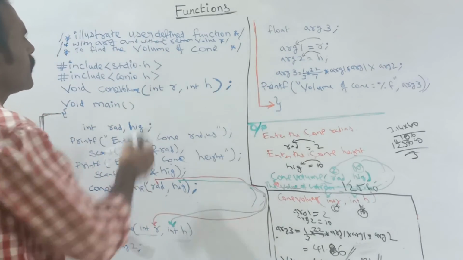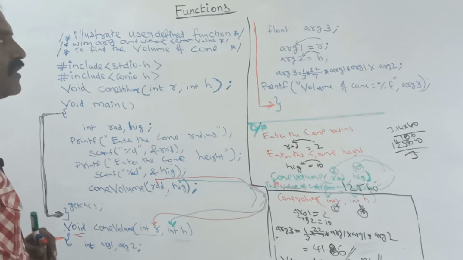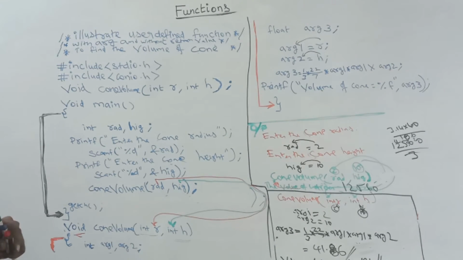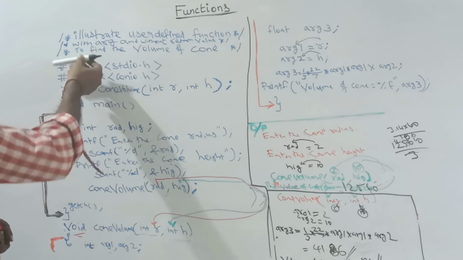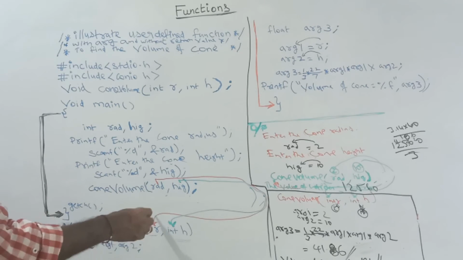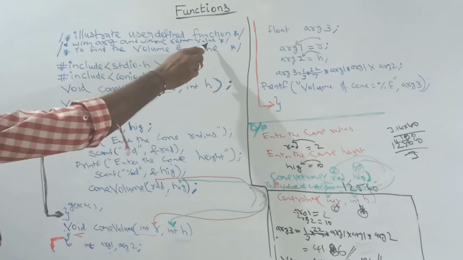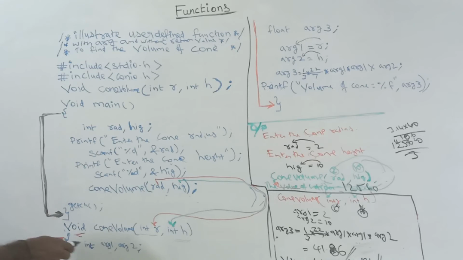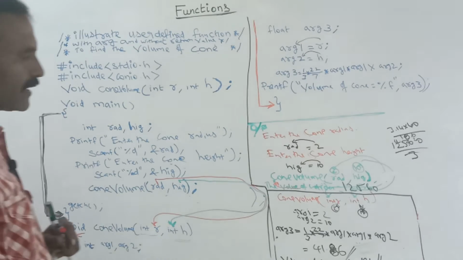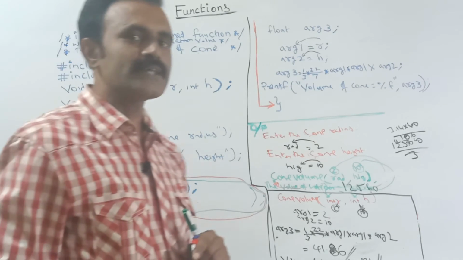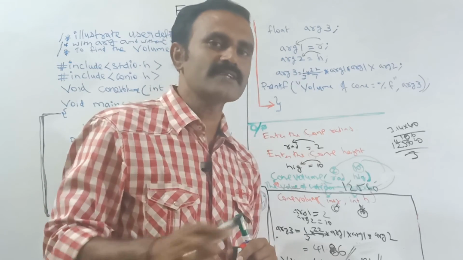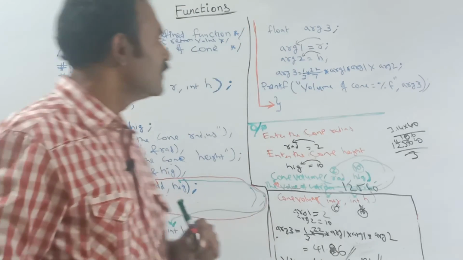So this is the program to find the volume of the cone. This is used for what? With argument, that is, the argument is there but without return value. The return value is not there. So void doesn't return the value. The function which has the return type as void will not return any values.